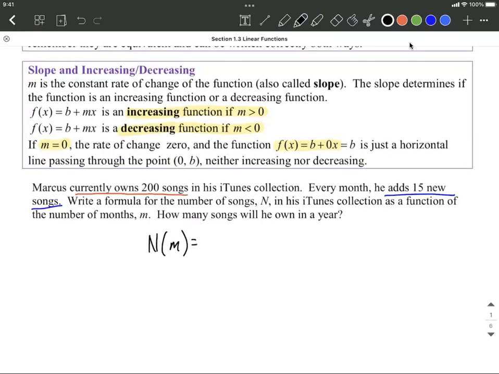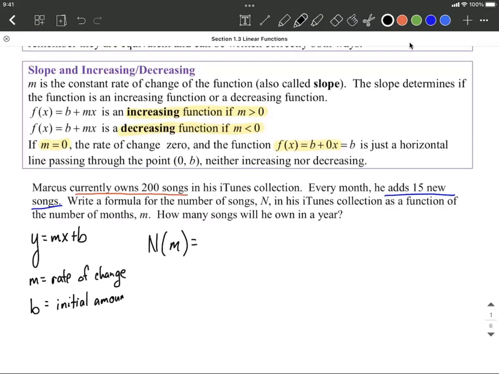So this does get a little bit confusing, that normally we think y equals mx plus b, where m is the rate of change. But for whatever reason, our book throws us off by making the name of our variable m, and b is going to be the initial amount.